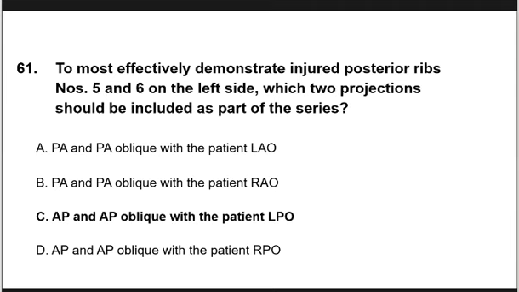So when we say LPO, the patient should be in supine position and the affected side should be in close contact with the tabletop. So kung posterior ribs ang injured, dalawang projections ang pwede: the AP projection and the posterior oblique, or what we call the AP oblique projection, wherein the affected side should be in close contact with the tabletop. So the answer for number 61, that is Charlie.